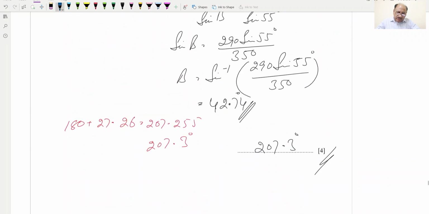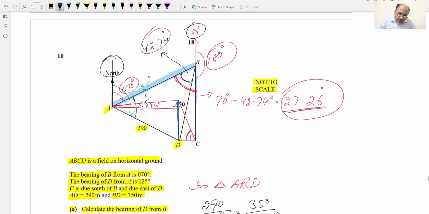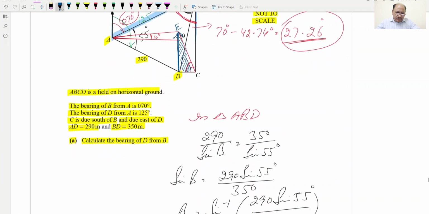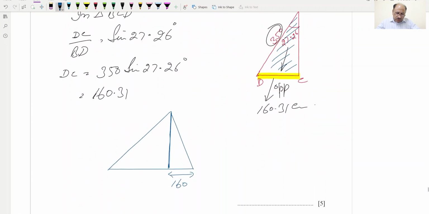Now 160 we found. If we take this point as, for example, E, then I have drawn triangle EDC over here, so it is 160, and H we can find, this height.